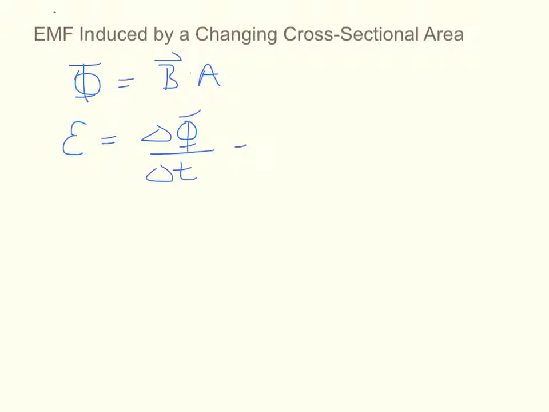So the other way to change the flux is to change the area, right? We've already looked at an example where you change the magnetic field, and so if flux is B times A, then we can look at the change in the flux, which in this case is the magnetic field times the change in the area over the change in time.